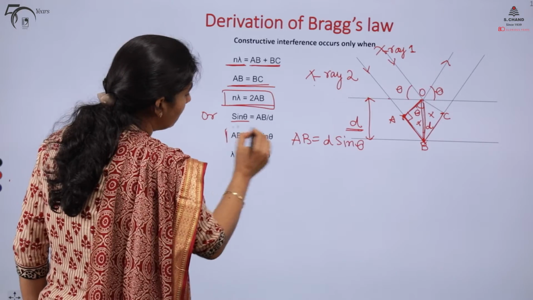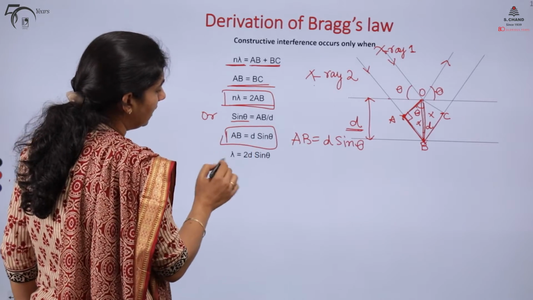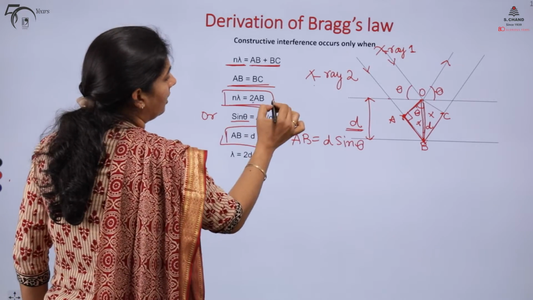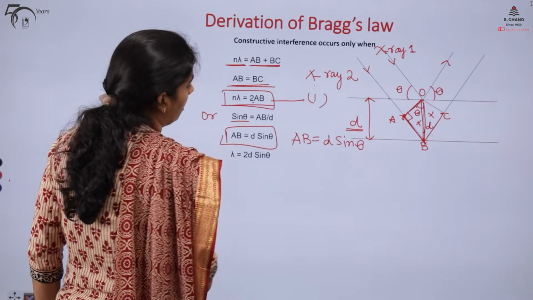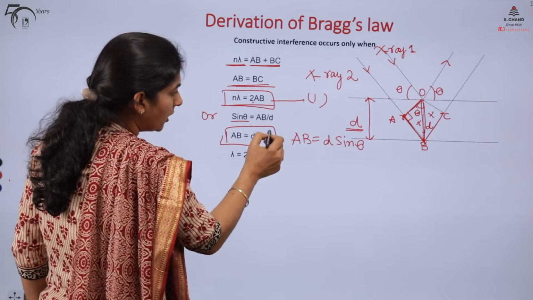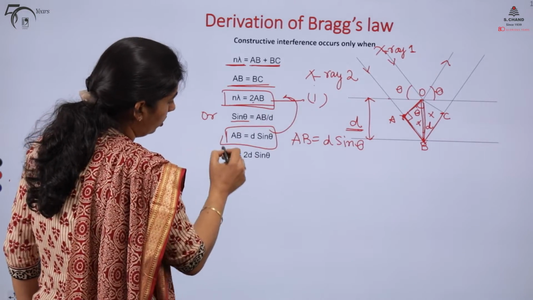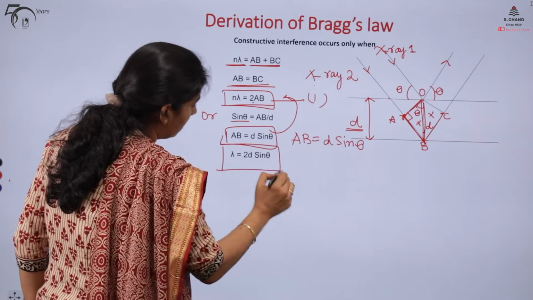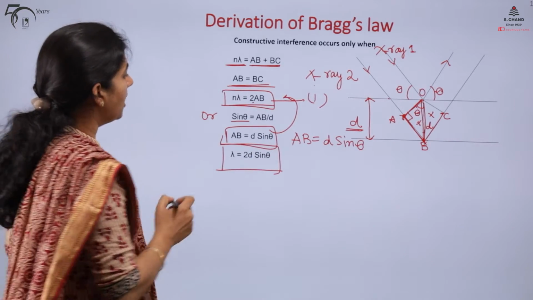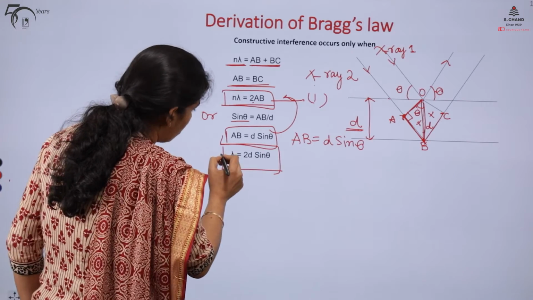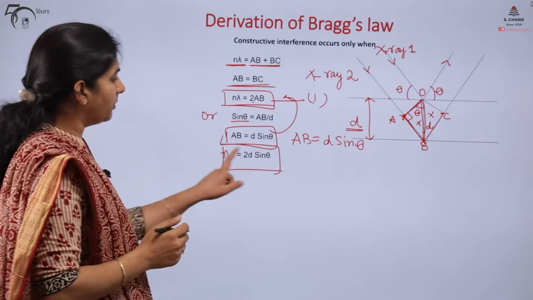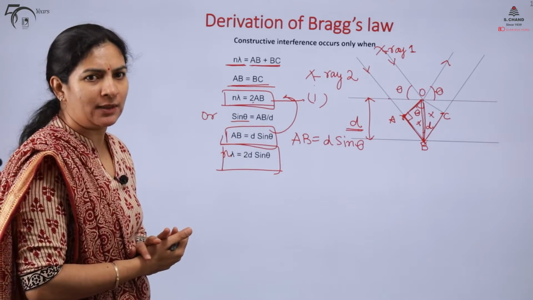So I can write this value of AB equal to d sine theta and substitute it in, let's say this is equation number 1, I substitute this value in equation number 2 and I get n lambda is equal to 2d sine theta.